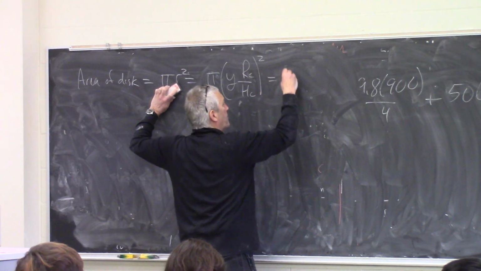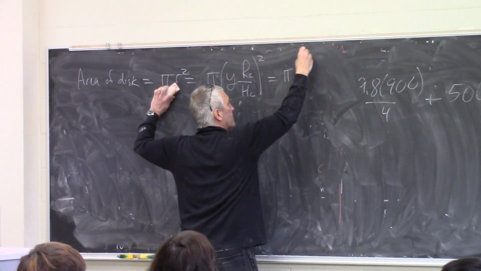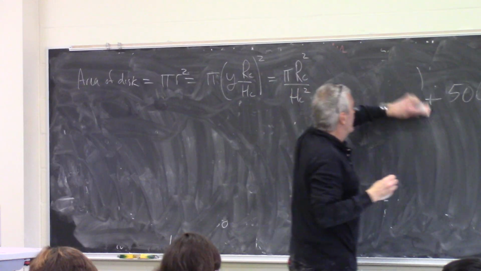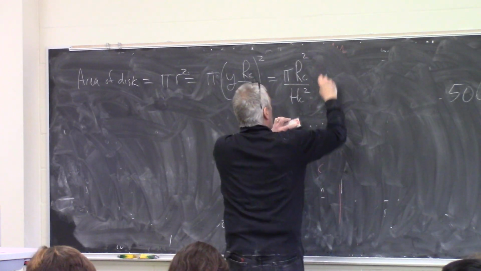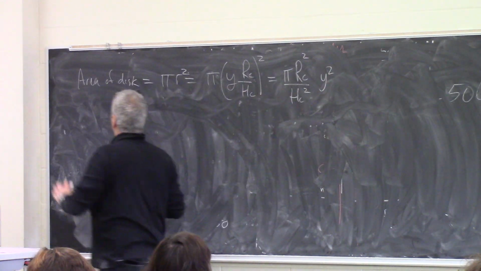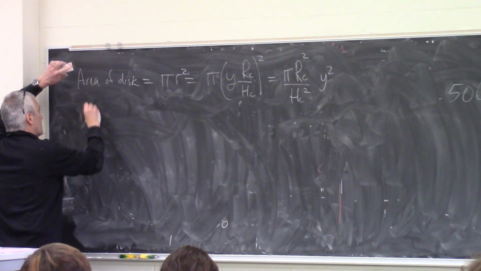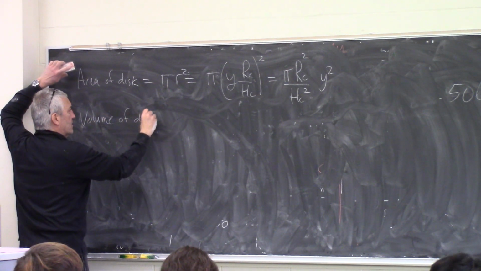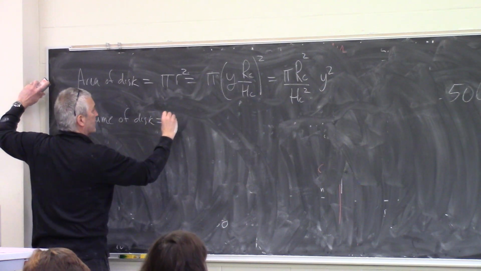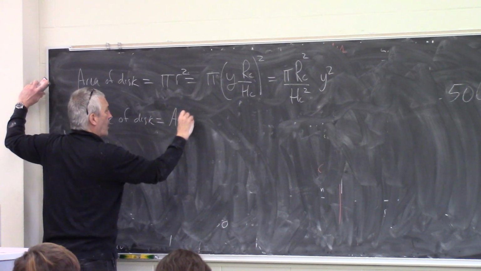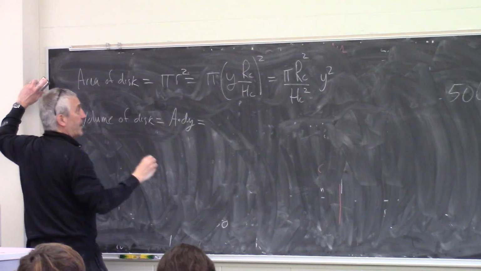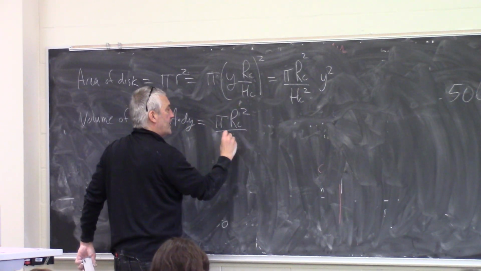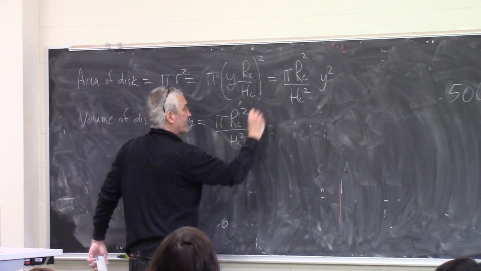So this is going to be pi RC squared over HC squared times y squared. And so the volume of the disk is the area times dy. So it's going to be pi RC squared over HC squared y squared dy.